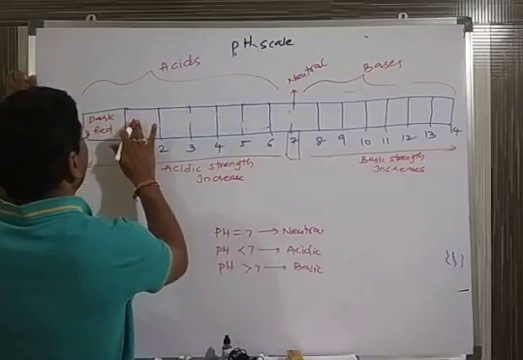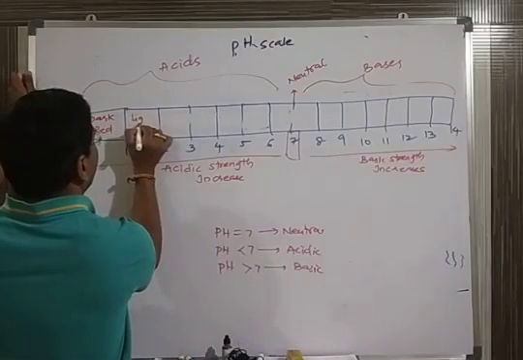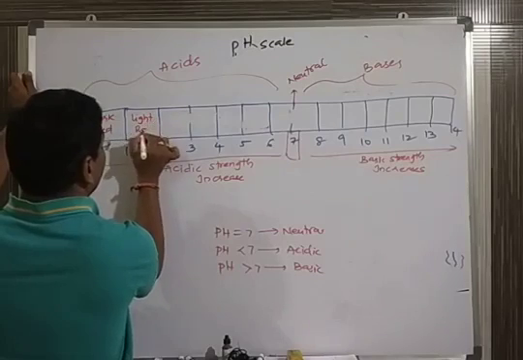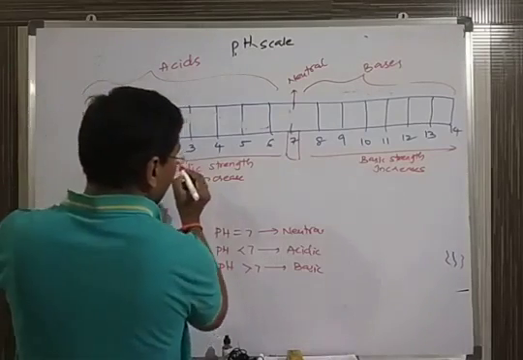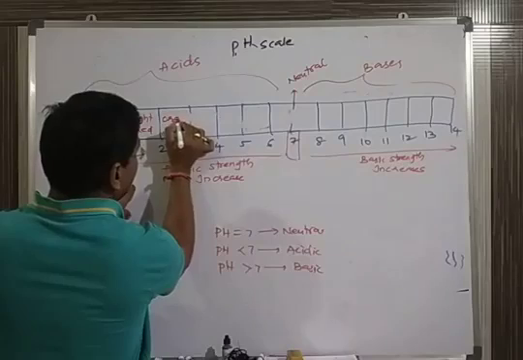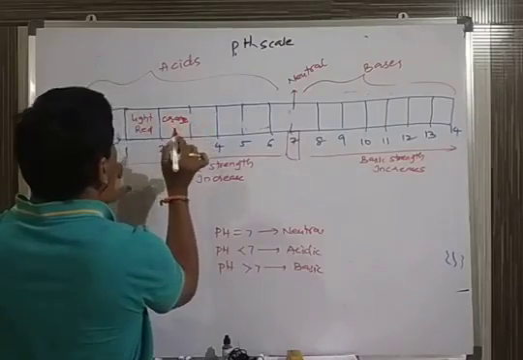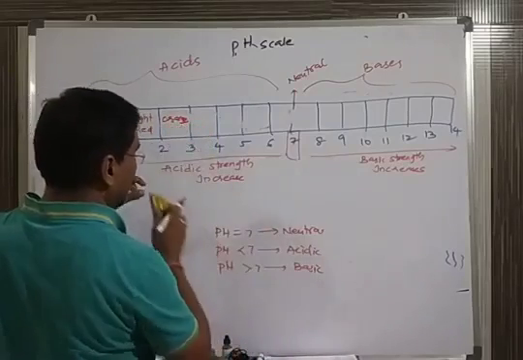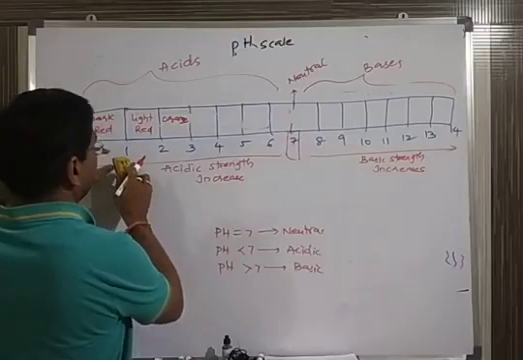This is a dark red. The second one is a light red. The third one we can have is orange, 1 to 2.